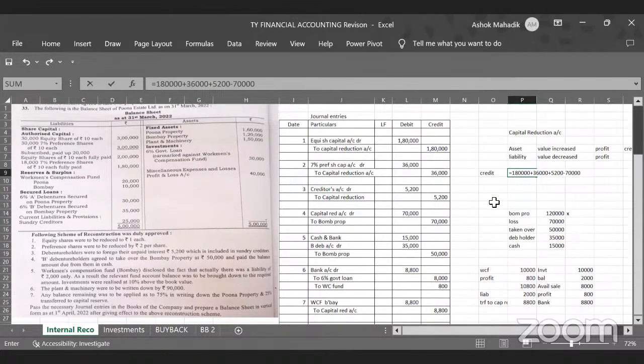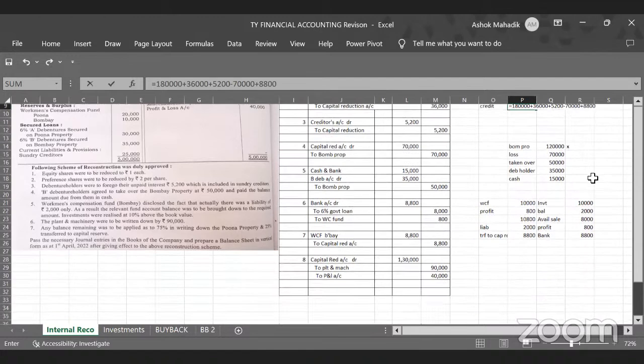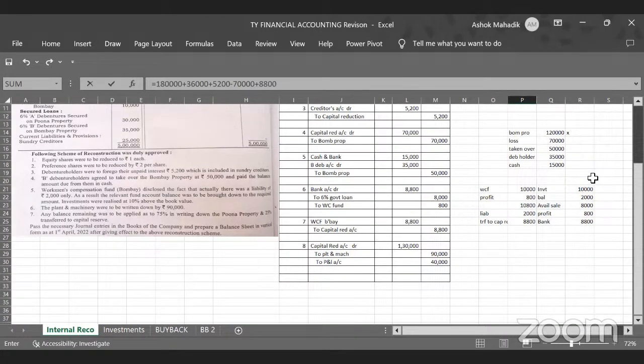So 8,800. There is a loss of 130. So 1 minus 130.